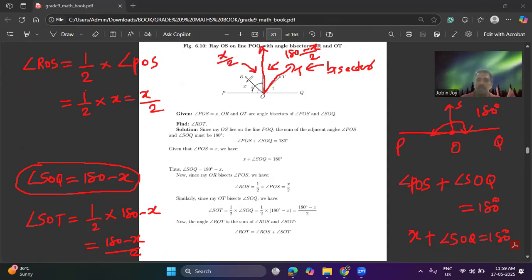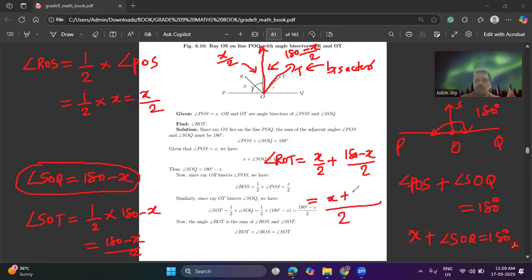Our aim is to calculate angle ROT. So angle ROT is equal to X by 2 plus 180 minus X by 2. So this will be X plus 180 minus X, all over 2. Plus X and minus X cancel, so that is equal to 180 by 2, which is 90 degrees.